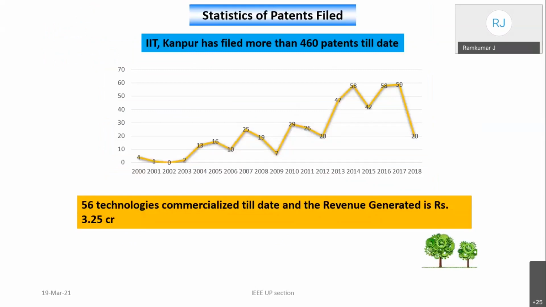We started in 2000 with 4, and till 2018 we went up to somewhere around 80 patents per year. In 2017 we were at 59 patents. Today we have crossed more than 200 patents a year. This is an individual year-wise figure, not cumulative.